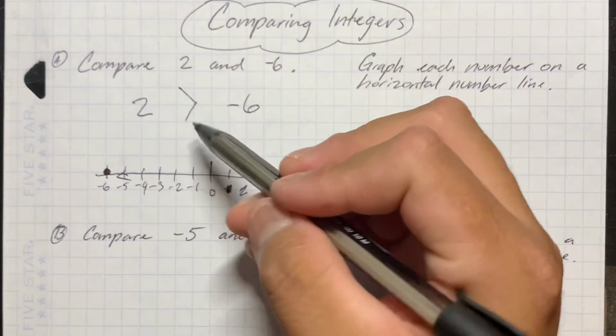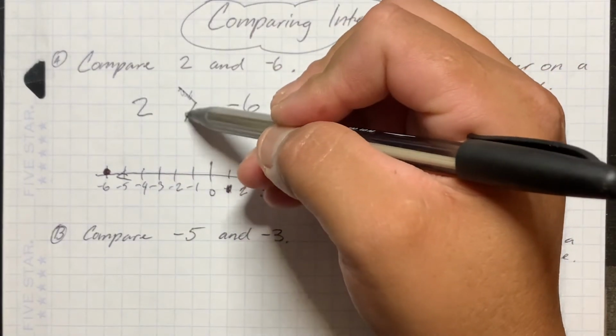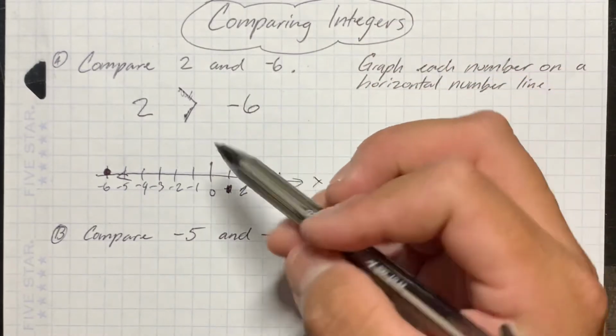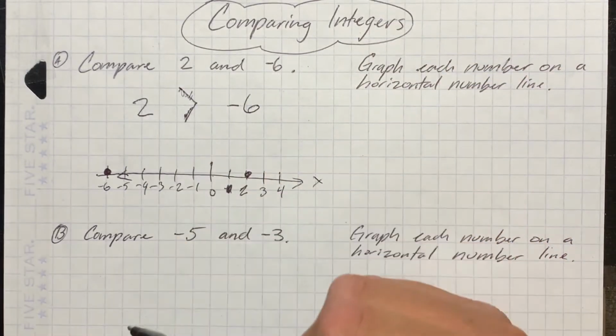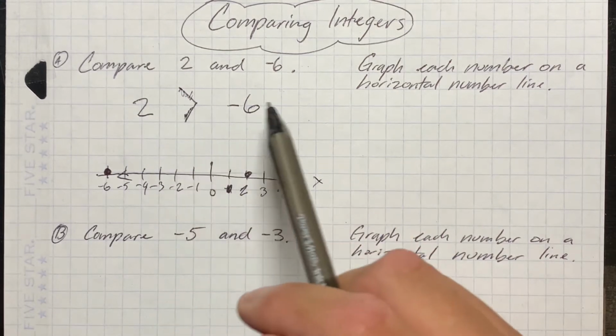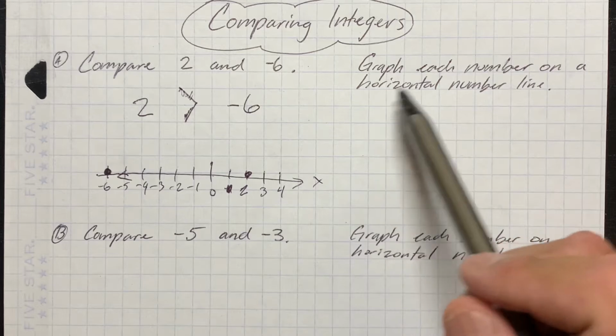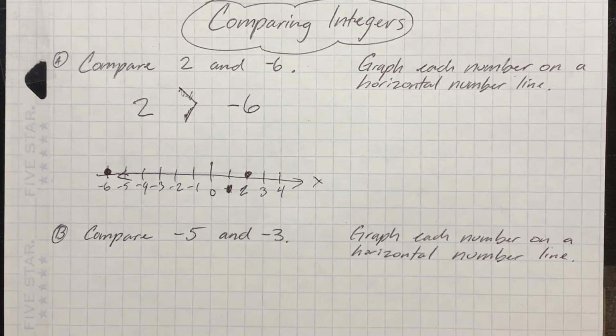Let's say 2 is greater than, and a coyote always wants to go after the slowest, fattest sheep. So the jaws, these teeth, go towards the bigger number. So we can say that 2 is greater than -6. And again, we graphed this on a horizontal number line, just like that.